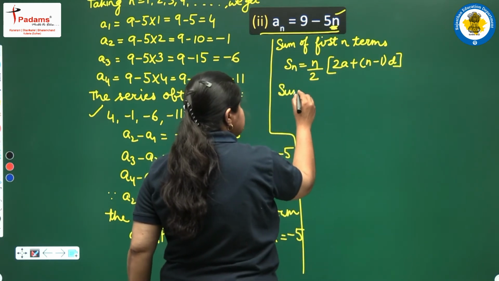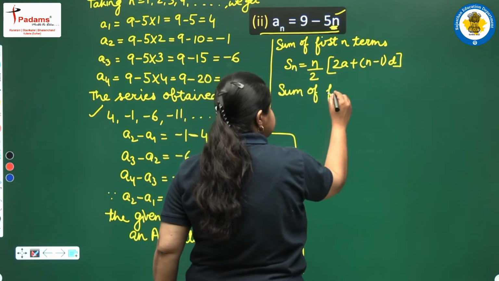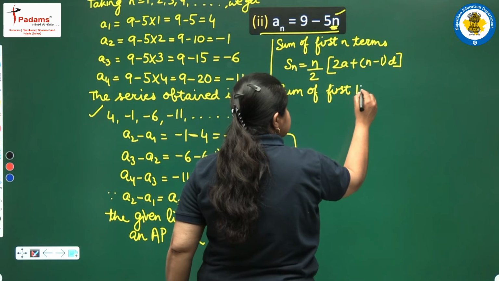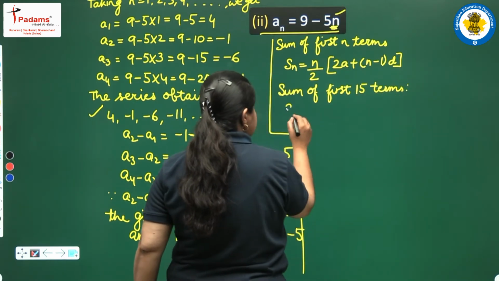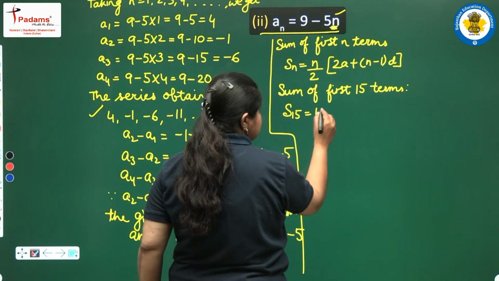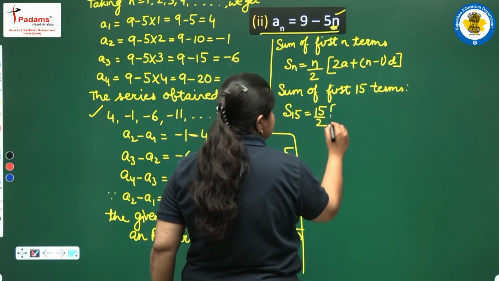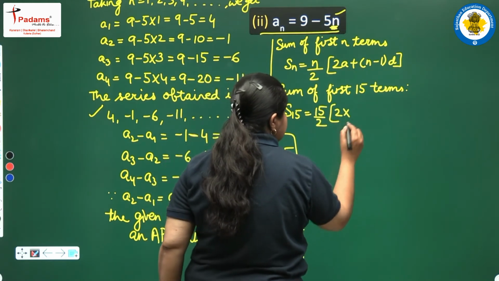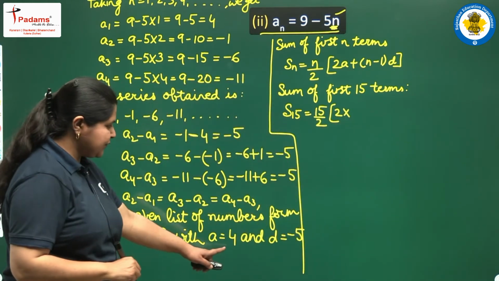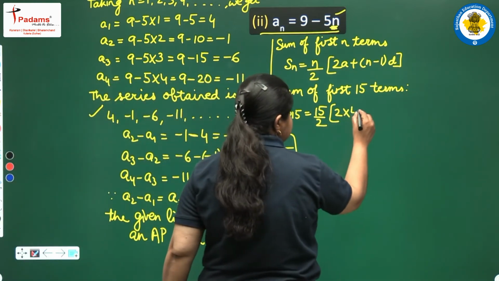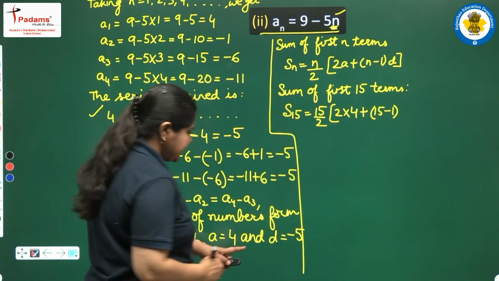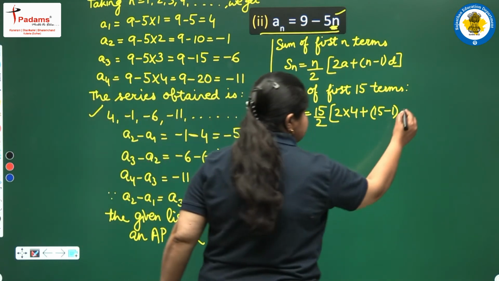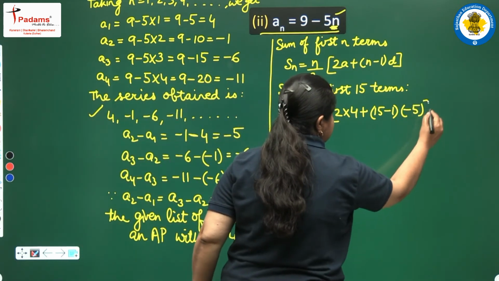Now sum of first 15 terms. It will be given by S15. This is equal to 15 upon 2 into 2 into a. What is the value of a? It is 4. So 2 into 4 plus 15 minus 1 into d, which is equal to minus 5. So here we can write it minus 5.